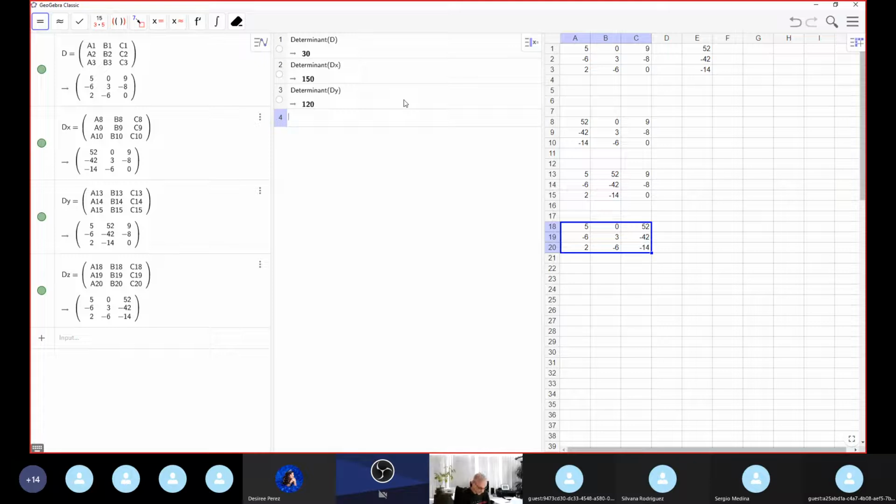And finally, determinant dz. Easy. And the answer is 90. Wow. So I have almost. Only thing I need to do is division.